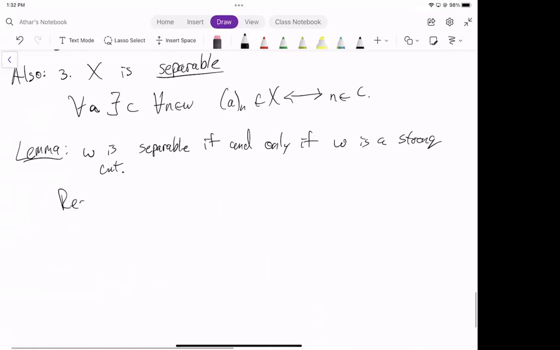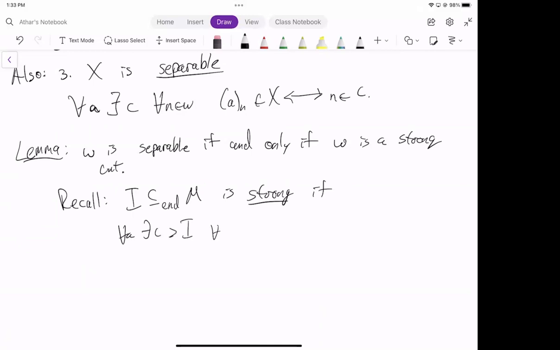So just to remind everyone, a cut I is strong if for each a there is a c greater than I, such that for all n in I, a_n is in I if and only if it's less than c.